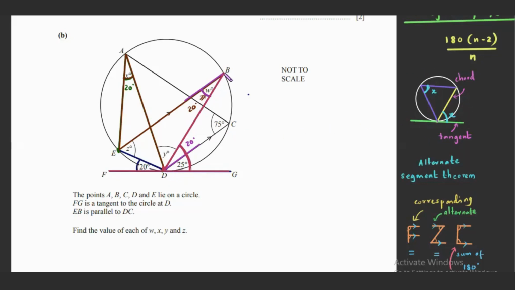This is the starting and the ending point of the chord. Using these 2, I can form this triangle like this. This angle here will be equal to the total of this 20 and 25, which is 45 degrees because of the alternate segment theorem. So this is 45 degrees.